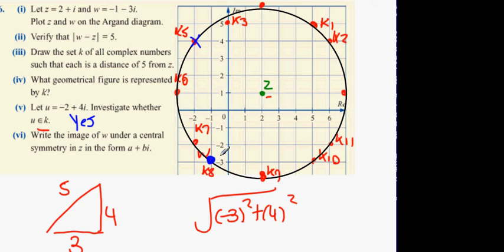What's central symmetry again, Luke? You find out how far you have to go to z. You have to go 3 across, 4 up, and then 3 across, 4 up again. The image is going to be 5 plus 5i. Okay guys, I'd like you to try all questions.